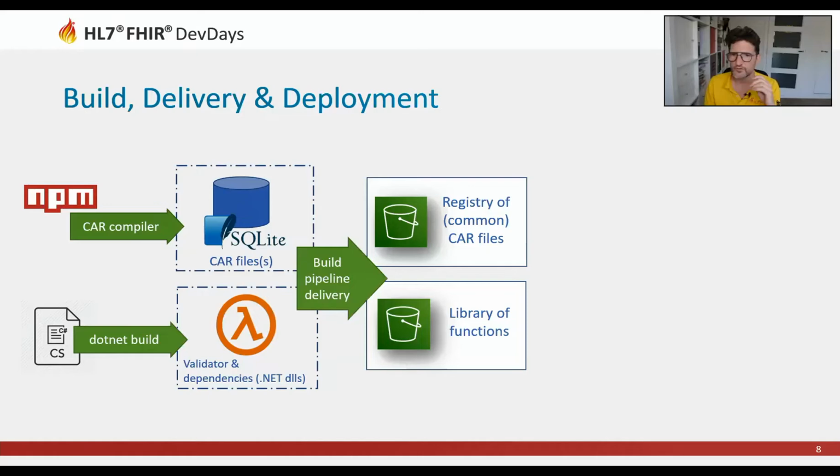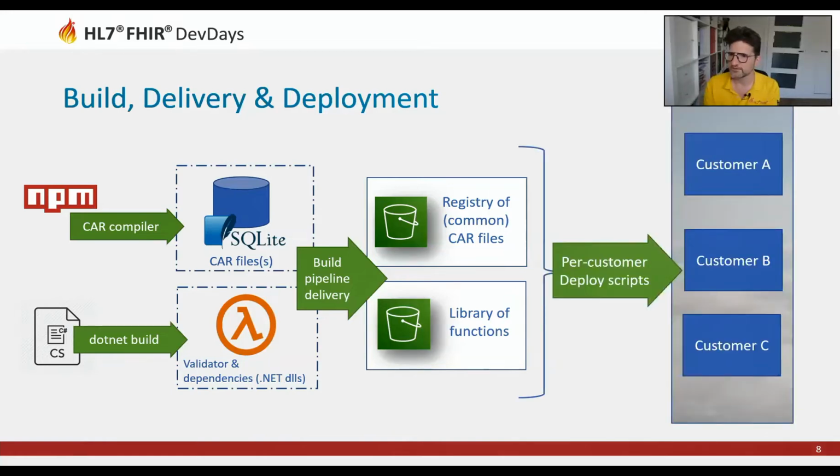So we have a registry of CAR files there for most common combinations, or maybe a specific one made for you. And we have a library of functions, and we combine them when we deploy them in a certain installation. Depending on the customer, we deploy them. For a US customer, we can have US-based IGs in the CAR file plus the necessary library of functions.